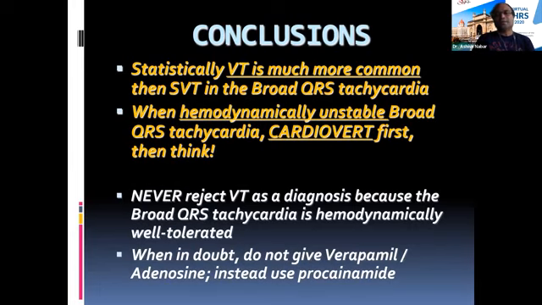SVT can also have a great drop in blood pressure when it starts, and patients can be syncopal. Similarly, a slow VT patient may walk into your casualty more dyspneic rather than complaining of palpitations, because a slow VT usually leads to worsening of heart failure. So they present a little differently. If his hemodynamics are stable, it does not mean that it cannot be a VT. So don't have that flawed understanding.